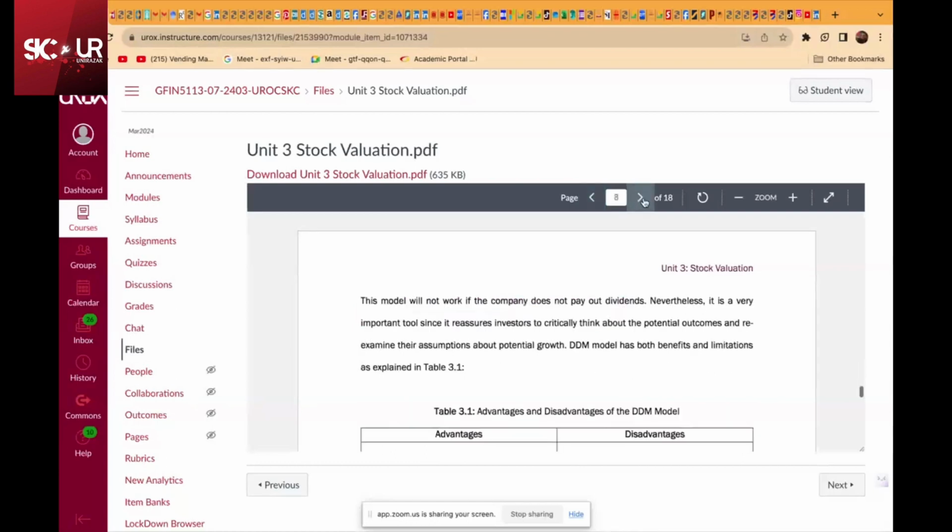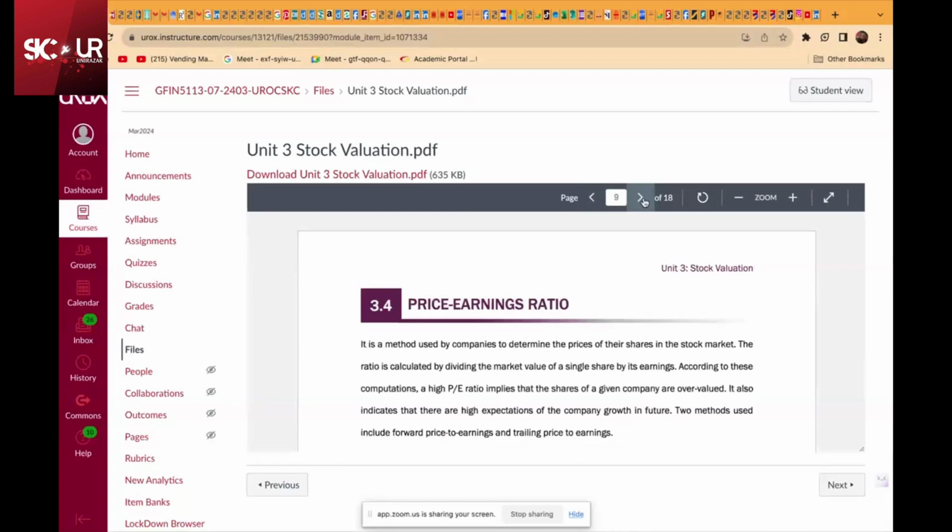The next method is the price earning ratio, and we discussed this quite extensively. It is a method used to determine the price of a share if the company is listed on the stock market. The ratio is calculated by dividing the market value of a single share by its earning.